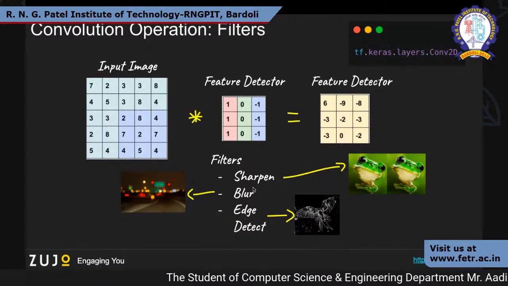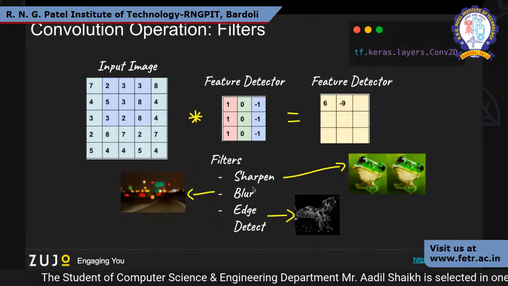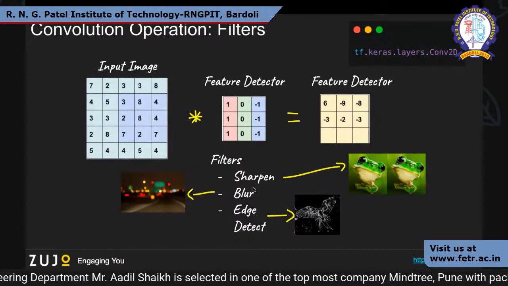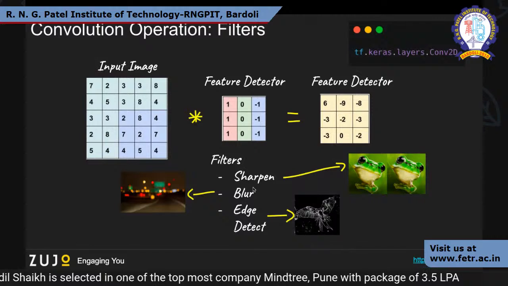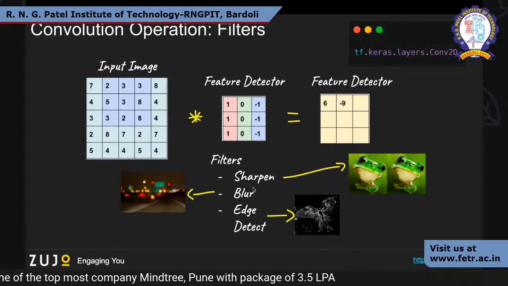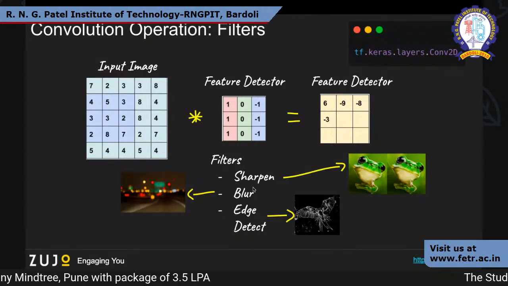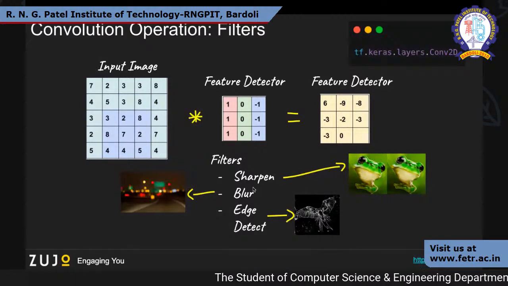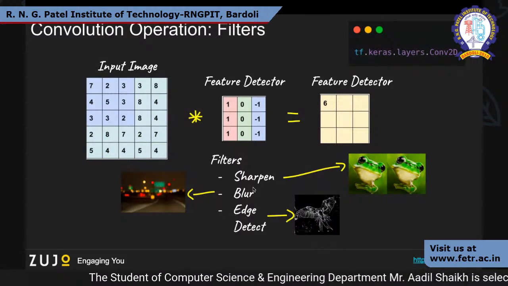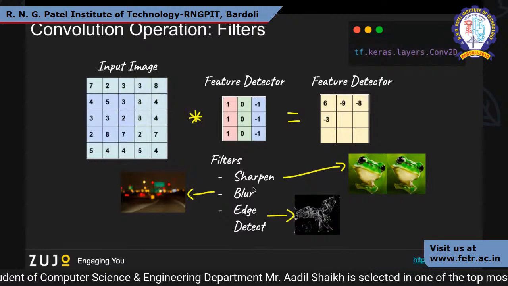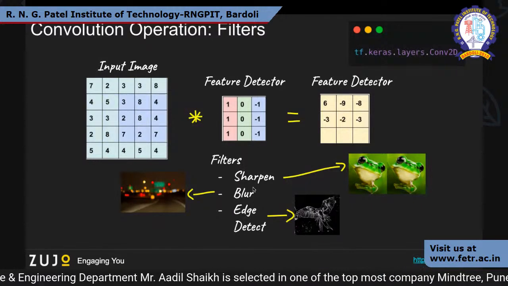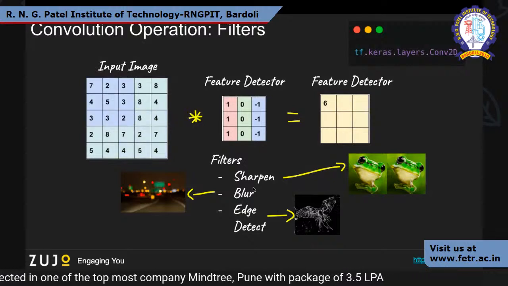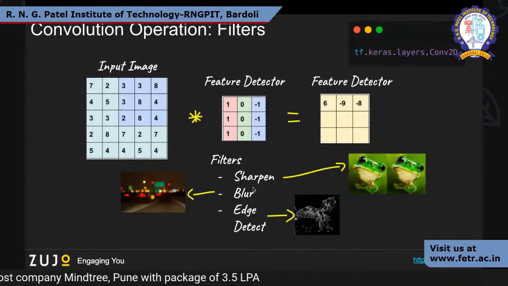So each and every image can be converted into sharpen features, blur features, or edge detection using this feature detector. As you can see in the input image, there is a 3 by 3 sliding window, where we take the values of that 3 by 3 patch and do the dot product with the feature detector, right?